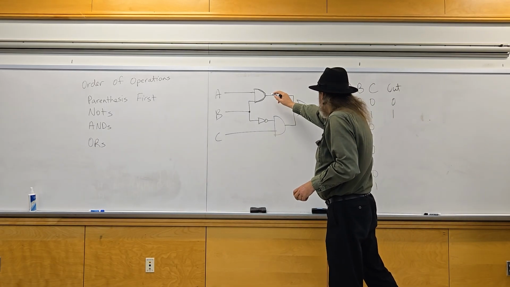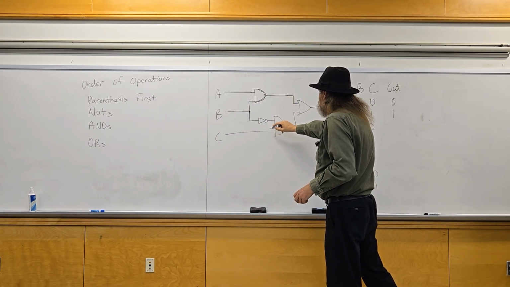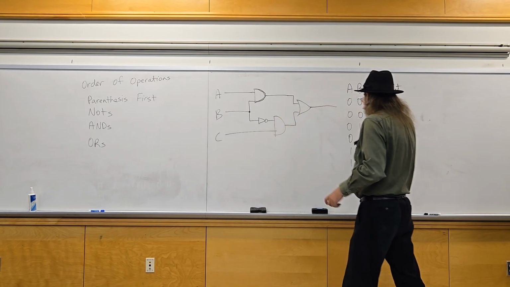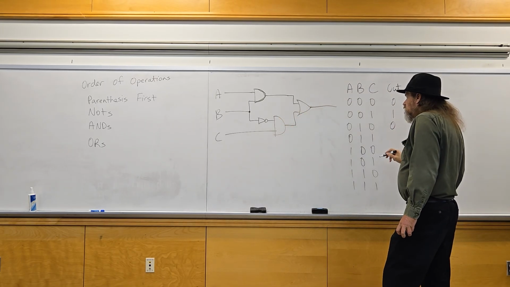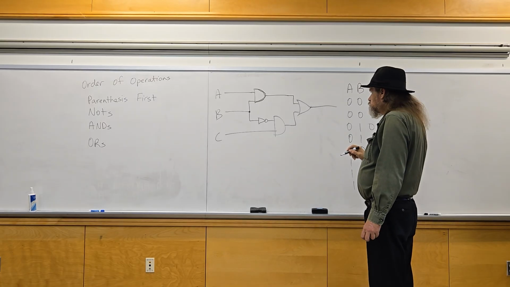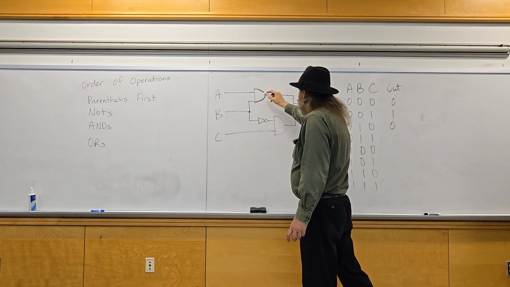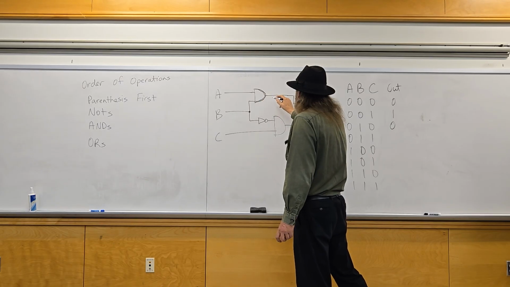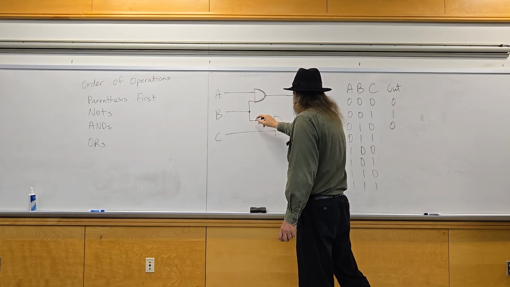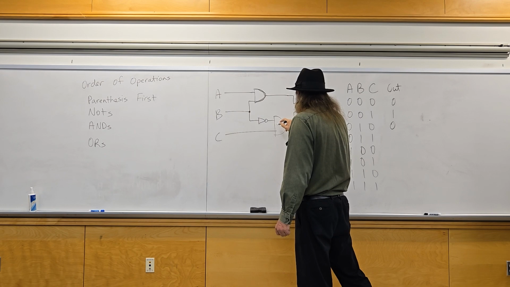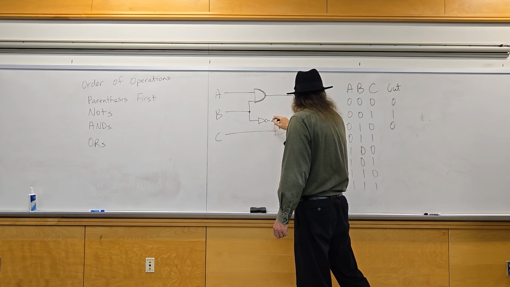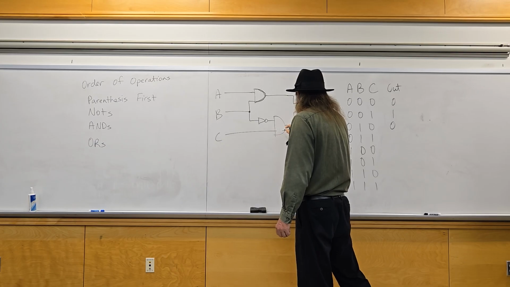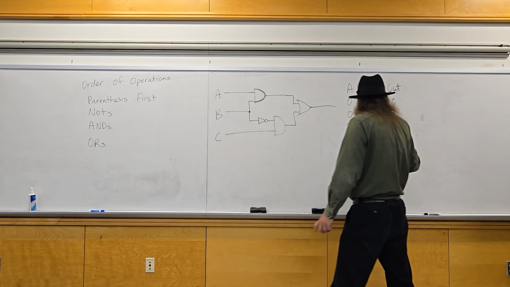This is going to be 0, 0 again, 0 here, 0 here, 0 out here. 0 here, 0 and 1 lead to a 0 here. 0 and 1 would lead to a 0 here, should lead to a 0 out there.